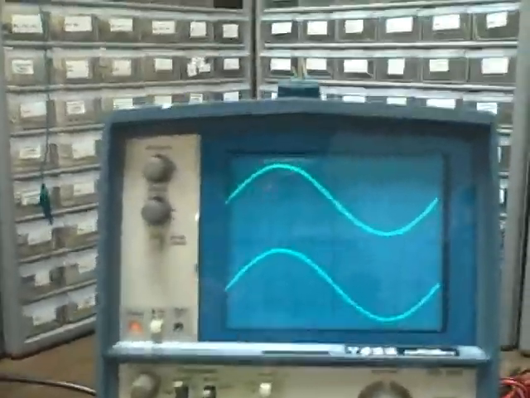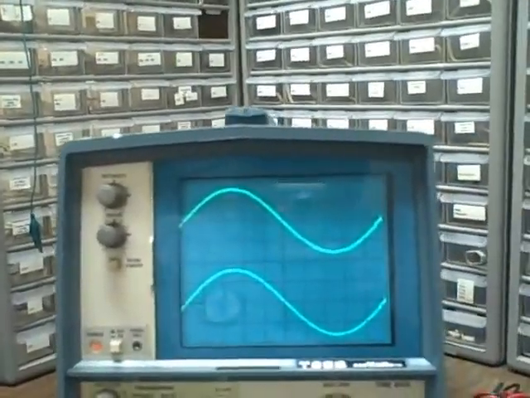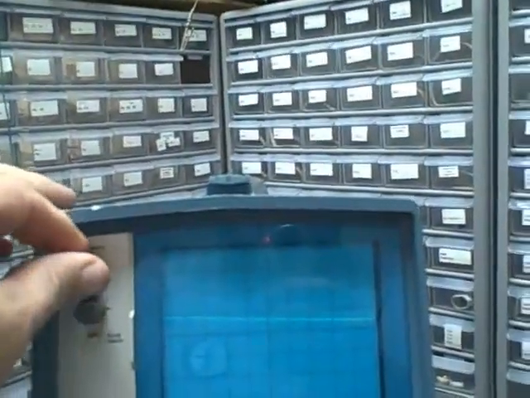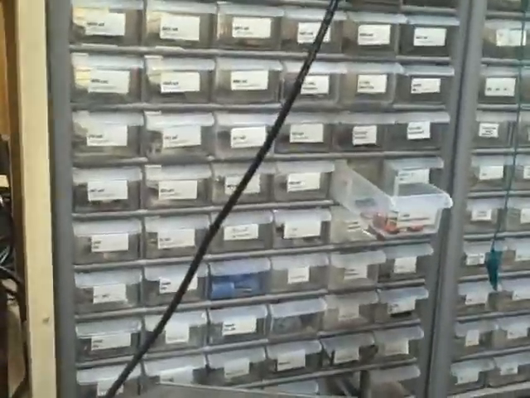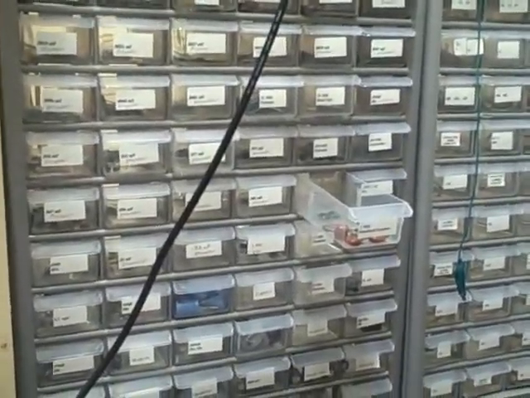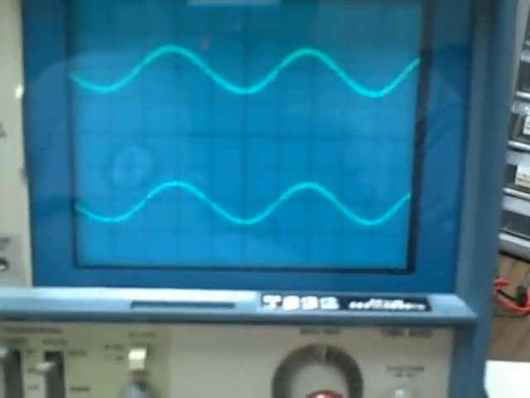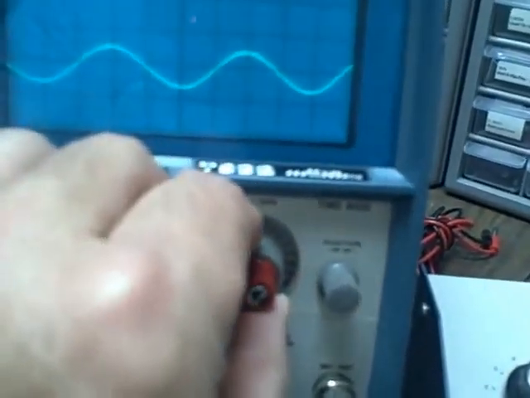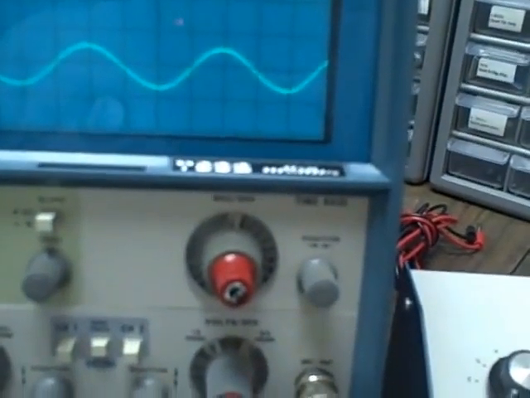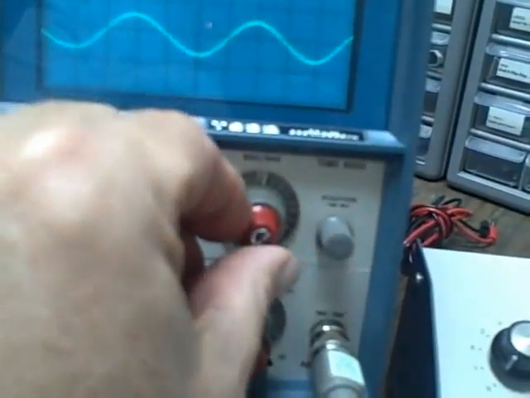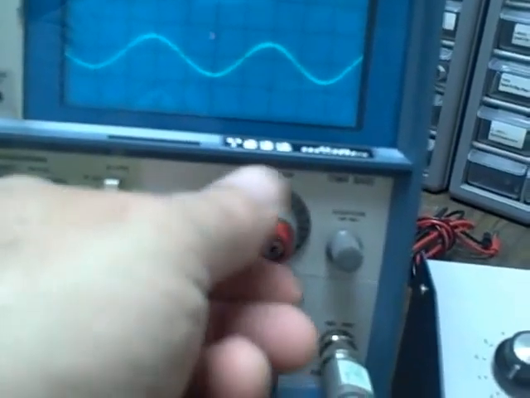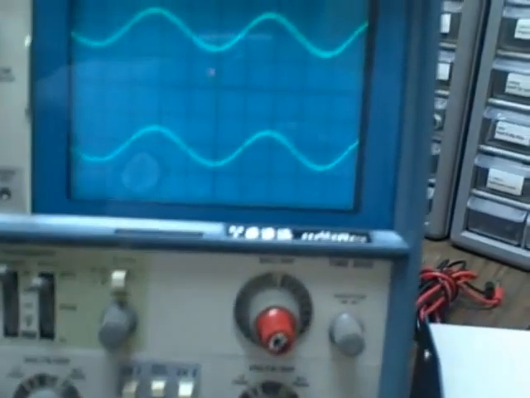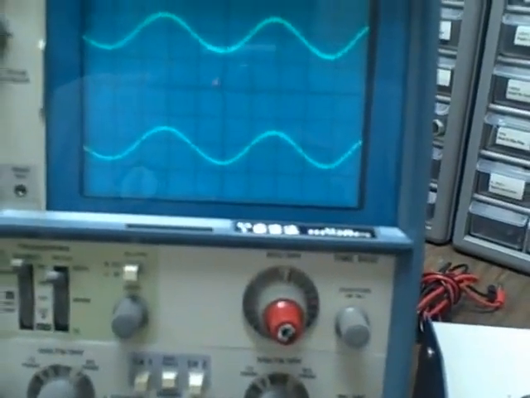Now, one last check I'd like to do, and that's to put ourselves on ×10 magnification. And we are going to kick ourselves up all the way. Alright, I am right now at the lowest level that I can go, and that's 0.1 microseconds per division, and I've turned the magnifier dial all the way to the right, which means I am now expanded ×10.